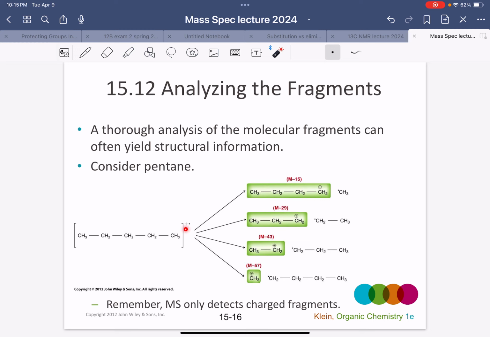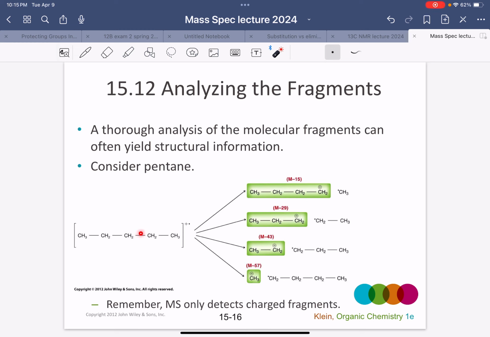We make the molecular ion here, and then we could get fragments. We could lose a methyl radical and have this butyl ion, which would have a mass equal to the M mass minus the mass of the methyl radical, so minus 15. So we'd have an M minus 15 fragment.